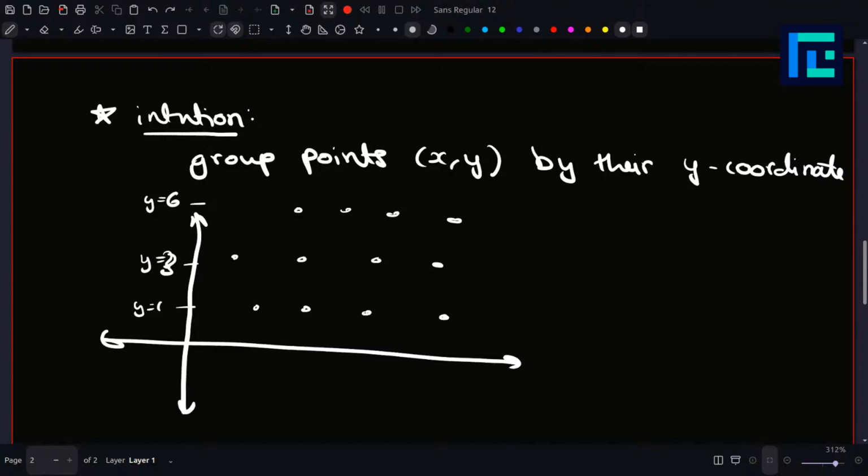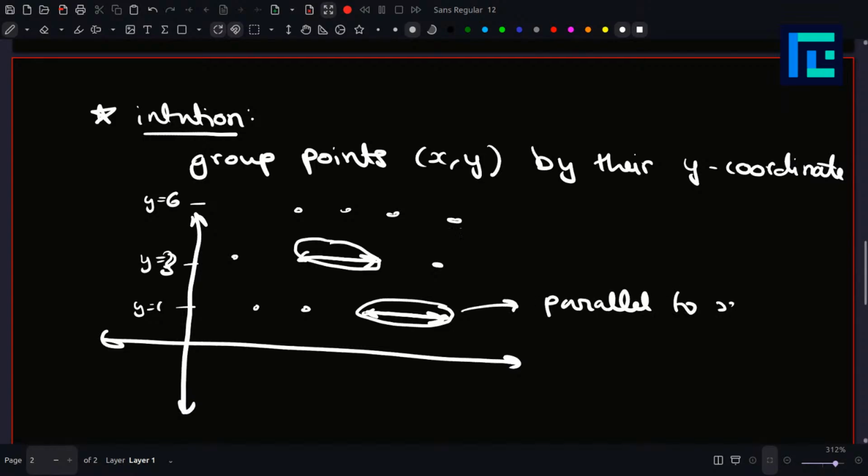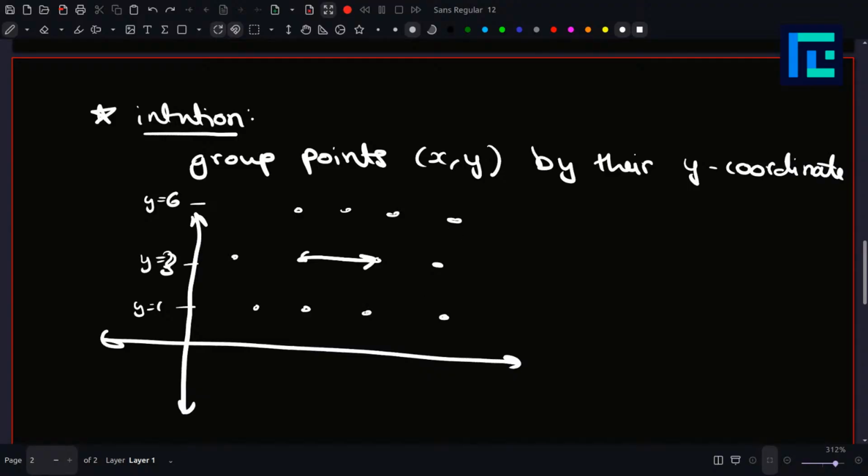So now between any 2 points over here and any 2 points over here, if I take these two and form 2 lines, then these 2 lines will be parallel to the x-axis. Between any of these 2 points in the same group, the line formed will be parallel to the x-axis.